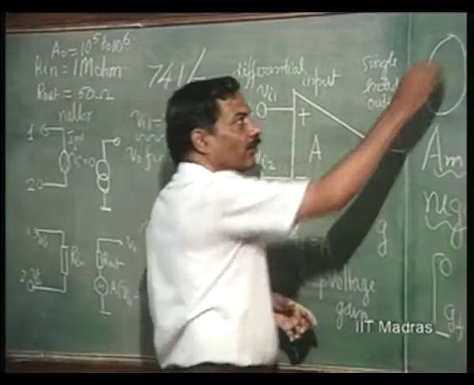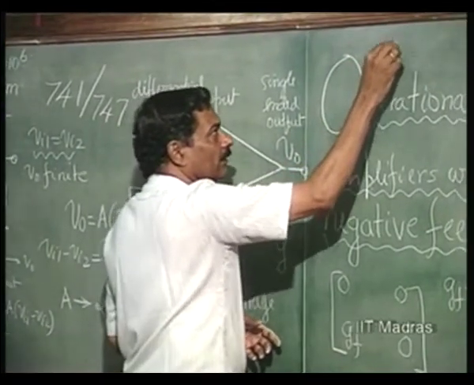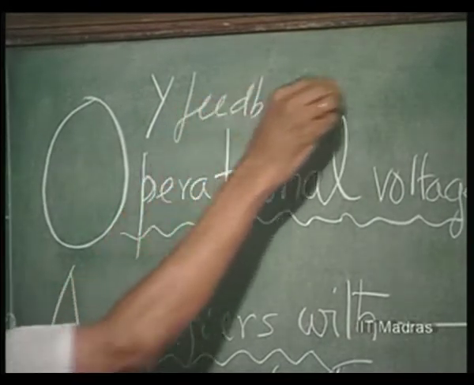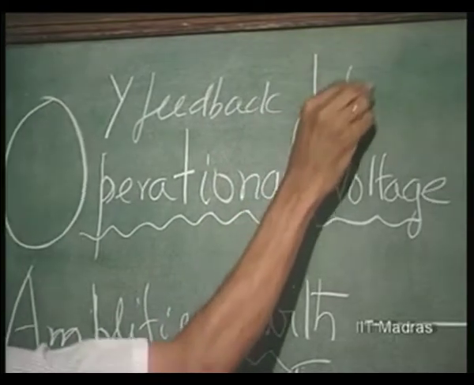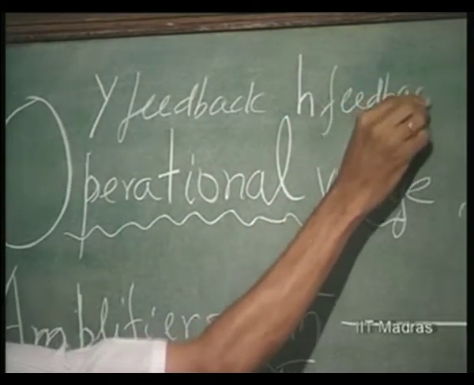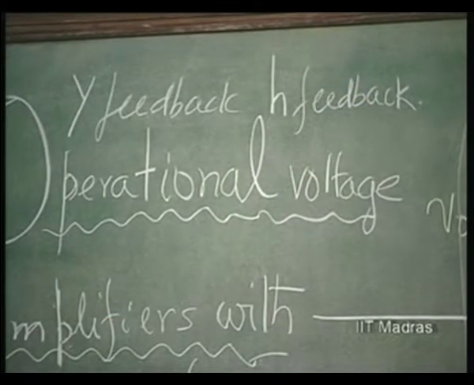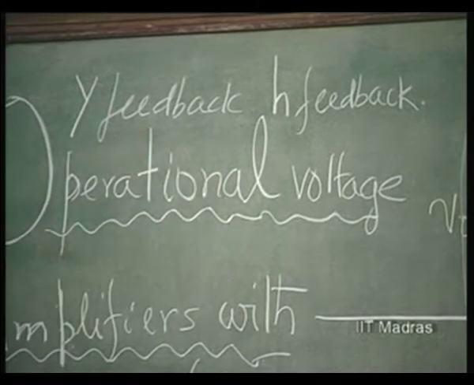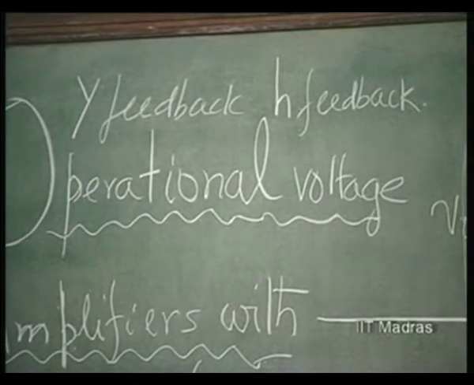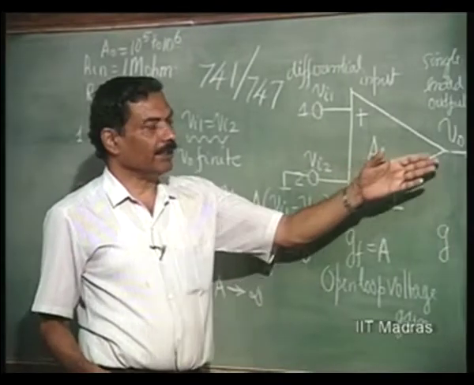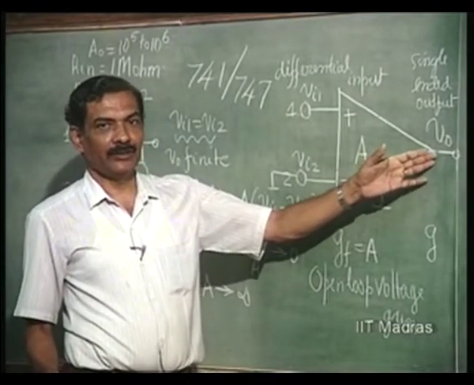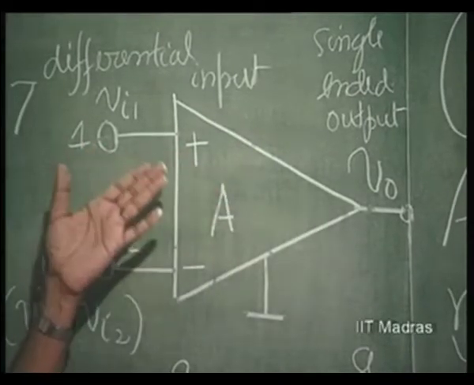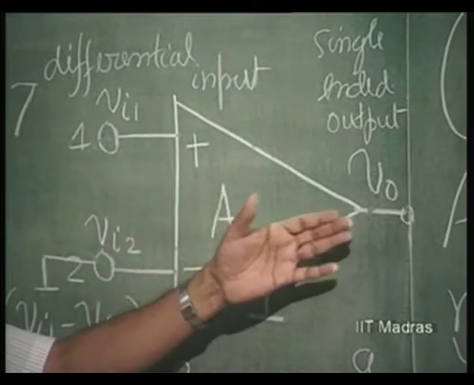That means you have Y feedback possible, and you have H feedback possible. Since we are not able to sample the current here, current feedback is not possible. That is why the Z feedback and the G feedback are left out here.